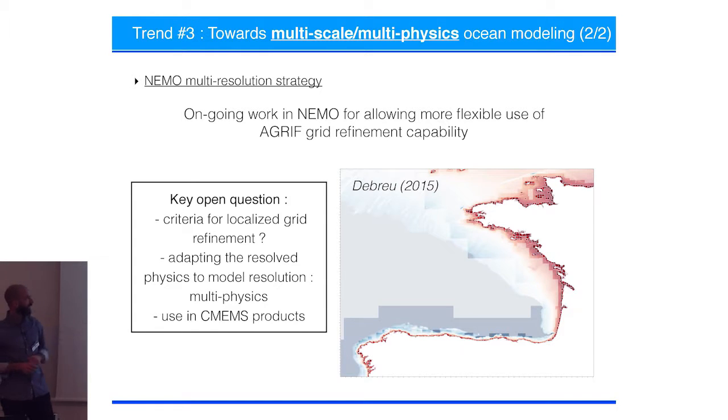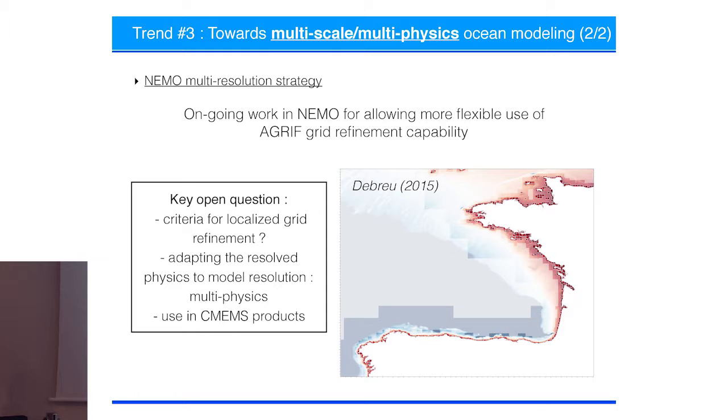But we're slowly getting there, and that's quite an exciting trend from my perspective. Still, we need to come out with a rationale for choosing, to define how you locally refine your grid. We'll need to think about how we adapt the physics to the model resolution, and we also will need to think about how we use this sort of thing within the frame of CMEMS products.